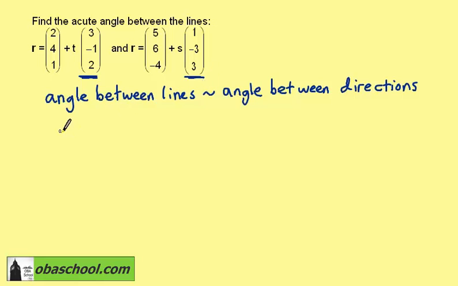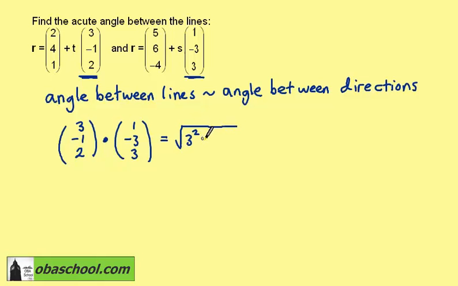Therefore it follows that if we have (3, -1, 2) and we dot this with (1, -3, 3), this will be equal to the modulus of the first vector, which is the square root of 3 squared plus 1 squared plus 2 squared, times the modulus of the second vector, the square root of 1 squared plus 3 squared plus 3 squared, times the cosine of the angle between the vectors.